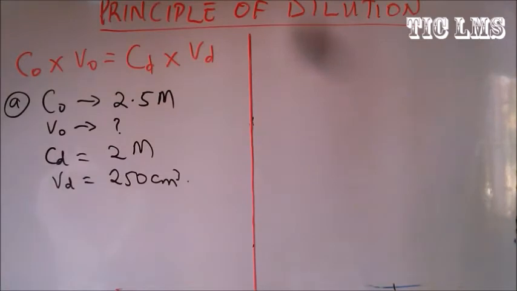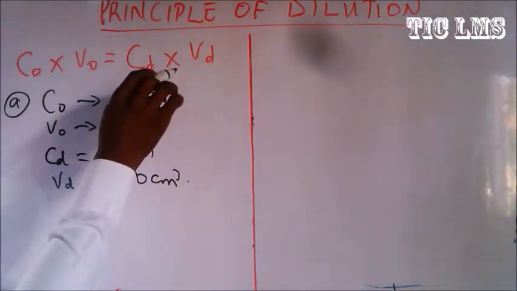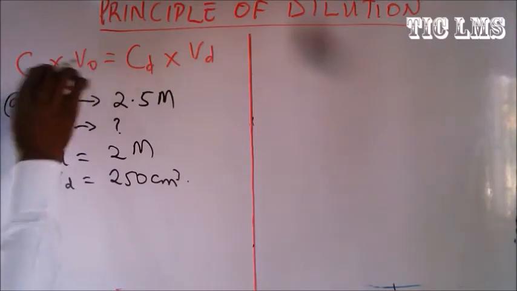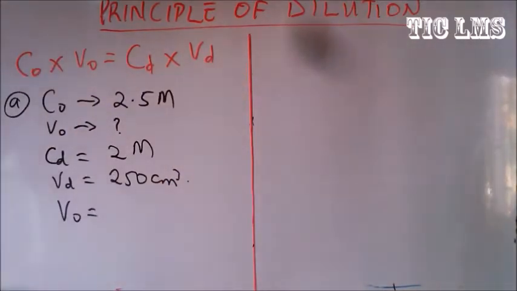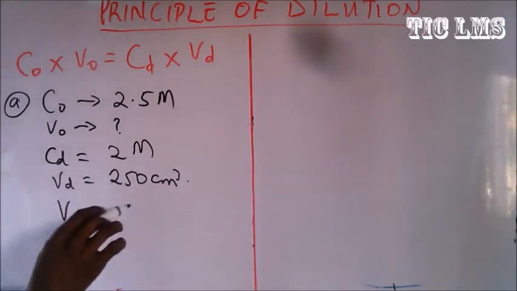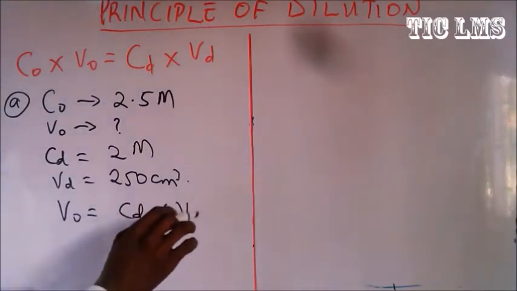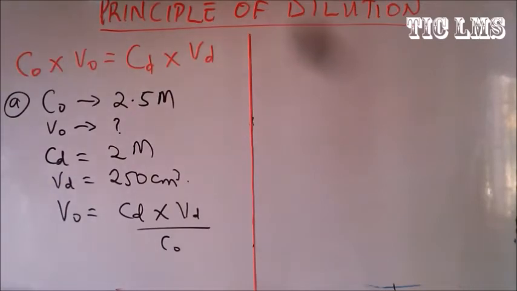And so what we need to do is to make use of our formula. Now in this formula we are looking for the original volume. So making the original volume the subject of this equation, we have that VO equals CD multiplied by VD over original concentration.